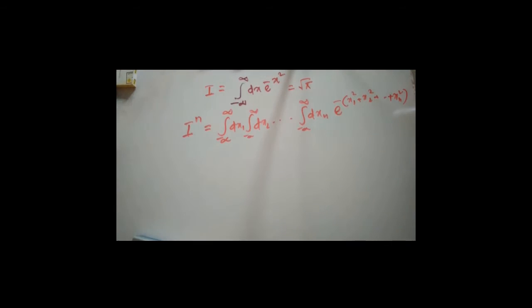Okay, so again, as I said, this summation is actually r square, the radial distance in the n-dimensional space.